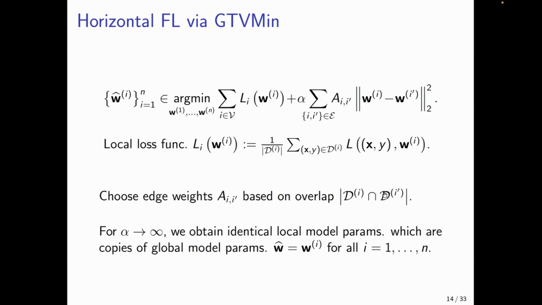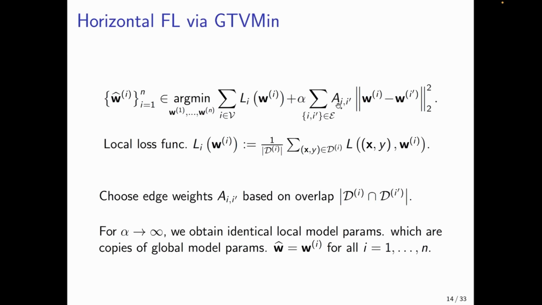Very good point. It's important not to overlook this privacy leakage that doesn't occur in the actual federated learning algorithm, which is, for example, a distributed optimization method solving this GTVMin, but already at the step where you construct this optimization problem, where you construct the edge weights.